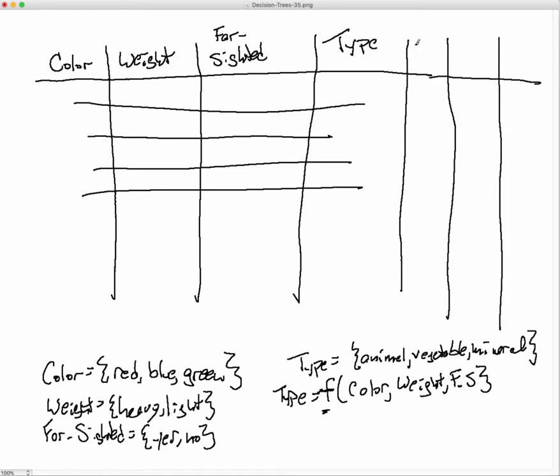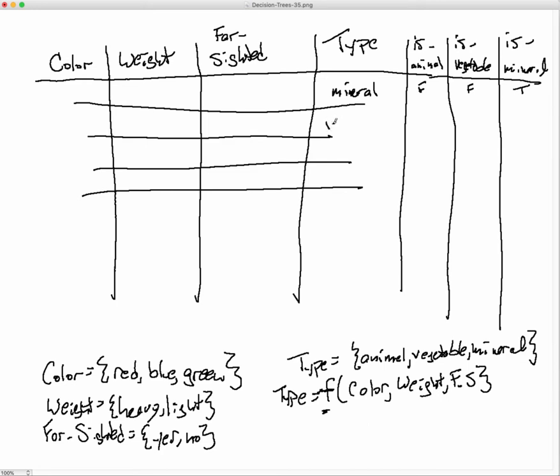is I come over here and I go, is animal. And this could be is vegetable. And this could be is mineral. So that if the type over here was mineral, then this would be false, false, true.